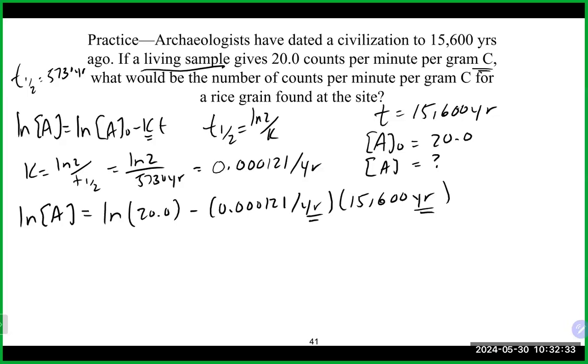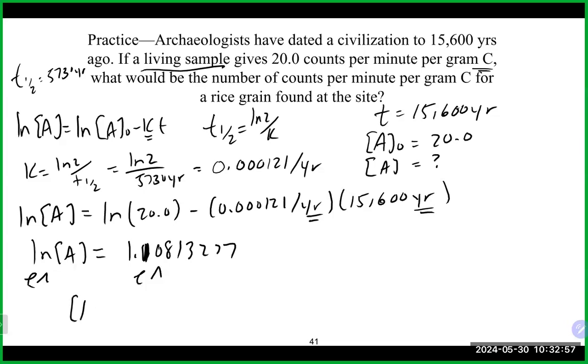So if we do the right-hand side, we will end up with a natural log of A equal to 1.108132227. Again, we're going to e both sides. And that is going to give us basically 3.03.